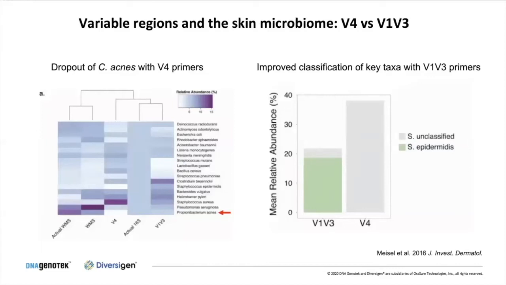They also noted that V1-V3, because of the larger target size and the increased number of polymorphisms within the variable region, did a better job of classifying certain taxa. In this example, S. epidermidis was able to be classified to the species level with V1-V3, but only classified as Staphylococcus genus using V4.